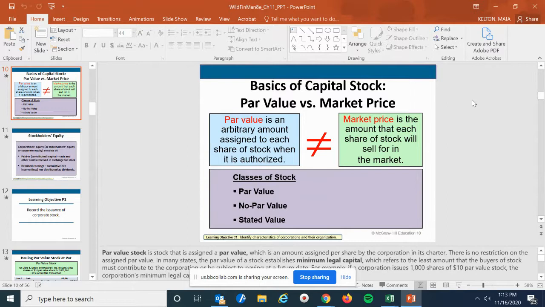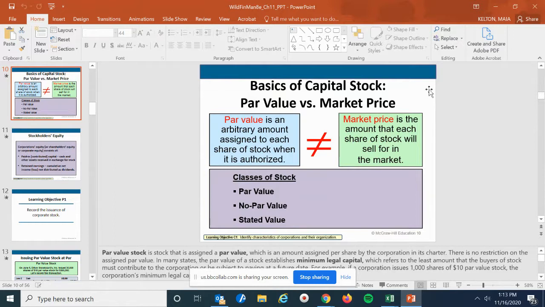So the company just arbitrarily assigns a number to each share of stock just to give them some kind of a baseline for comparison. The par value is usually much lower than the market price.